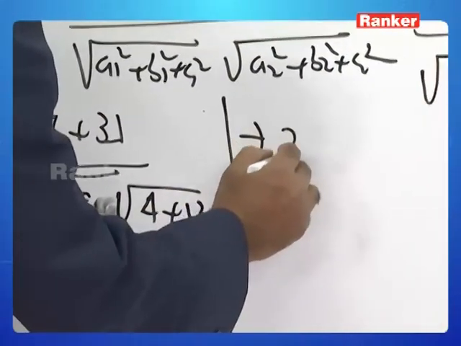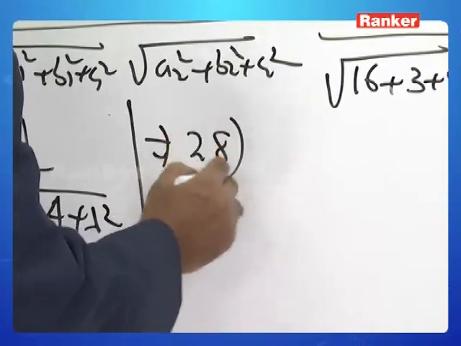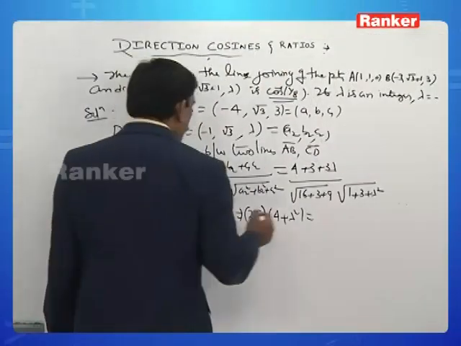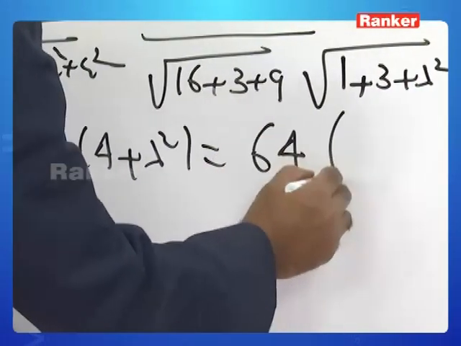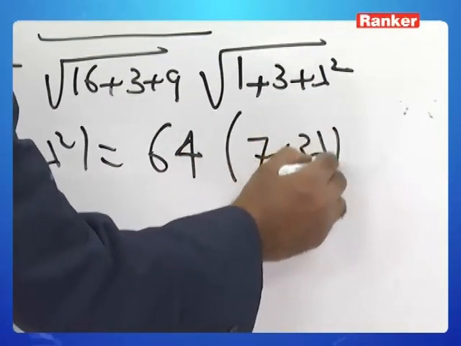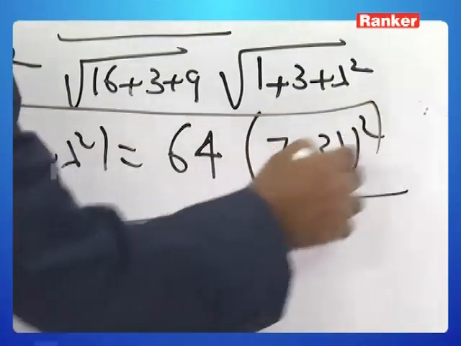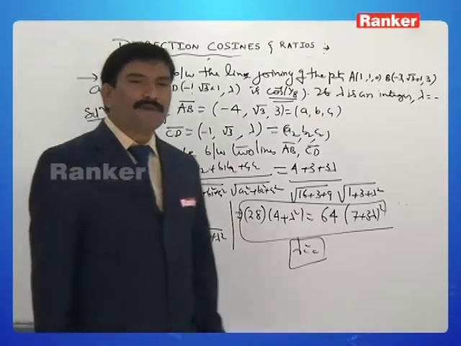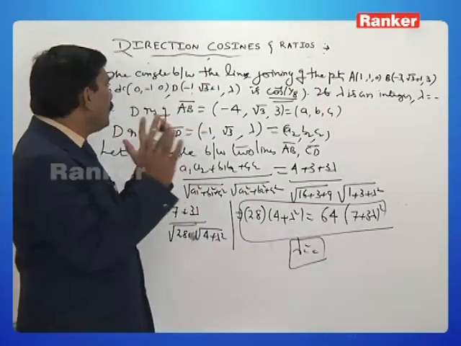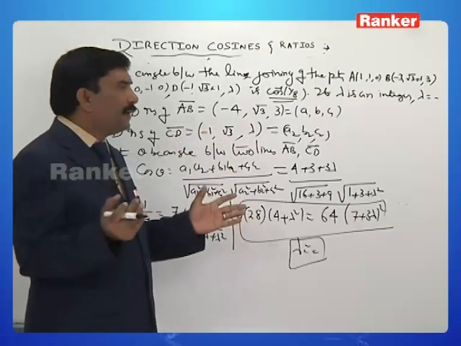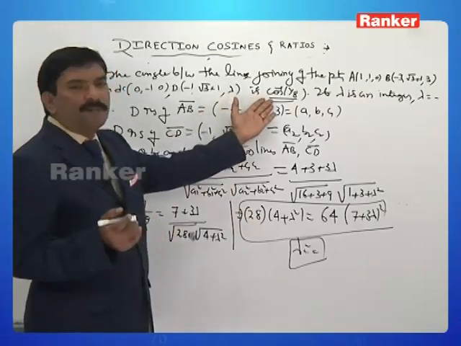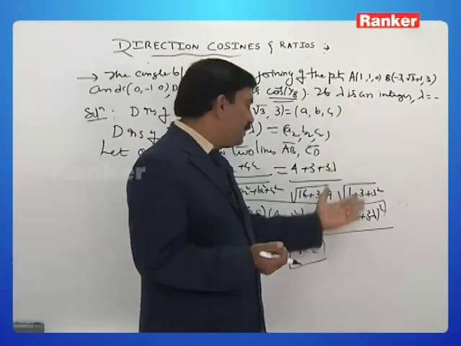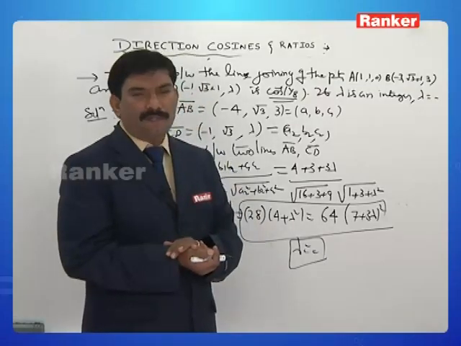You are going to get 28 into 4 plus lambda square is equal to 64 into 7 plus 3 lambda whole square. You simplify, and you are going to get lambda is equal to 0. So under the context of the angle between two lines, when the angle between them is given to be cos inverse of 1 by 2, the integral value is lambda equal to 0.